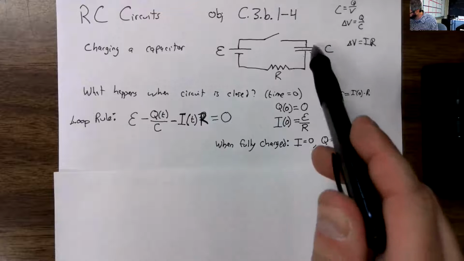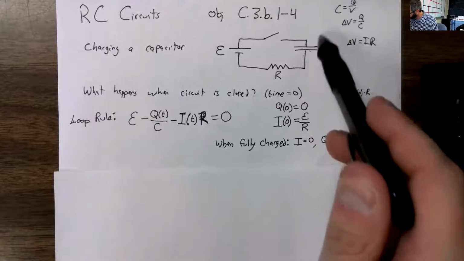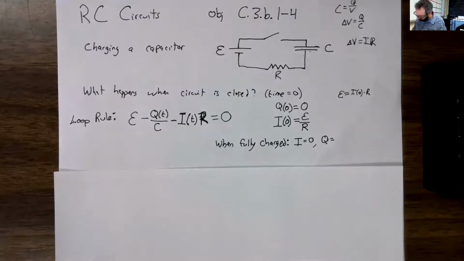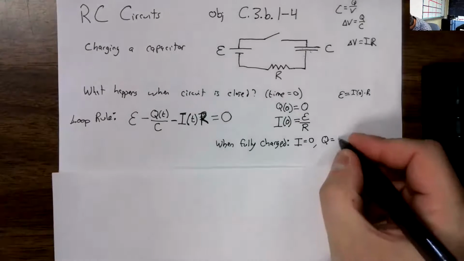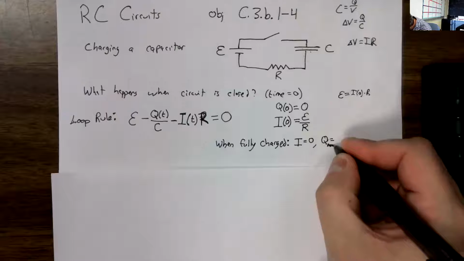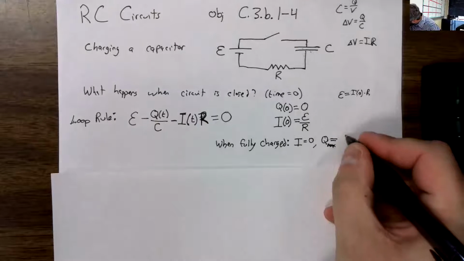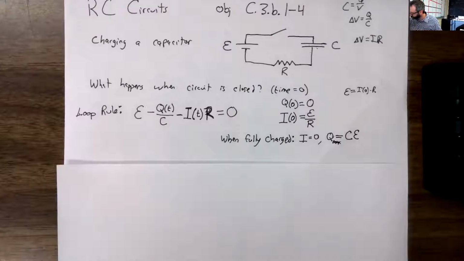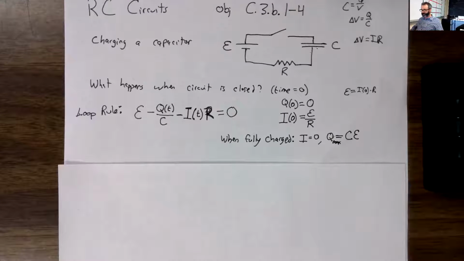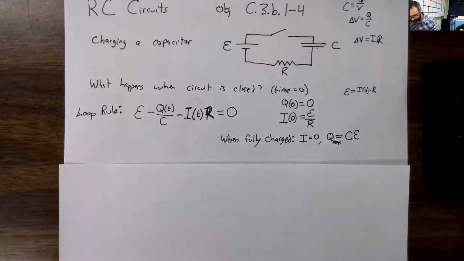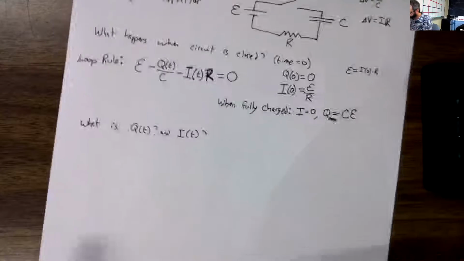It's going to be fully charged when the potential difference across the capacitor is equal to the EMF of the battery. So we just multiply the potential difference times the capacitance. So Q, and I'll call it Q max because that's the charge when it's all charged up, equals the EMF of the battery times the capacitance.